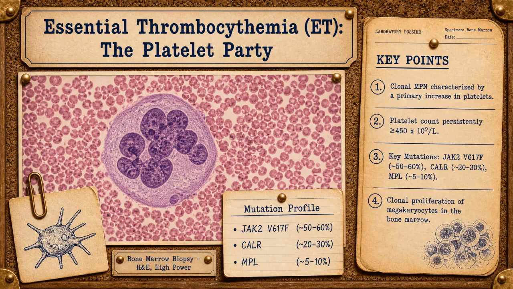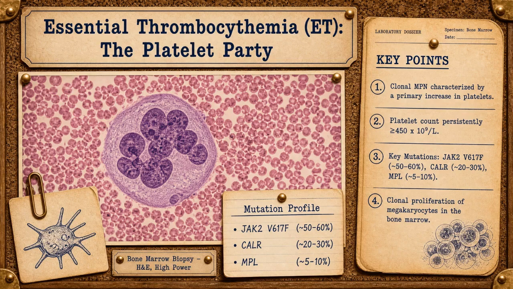However, ET also has its own unique set of genetic signatures. Another significant player is CALR, or calreticulin, mutations, which are found in approximately 20 to 25% of ET patients. These mutations are particularly interesting because they are mutually exclusive with JAK2 mutations, meaning a patient usually has one or the other, but not both.